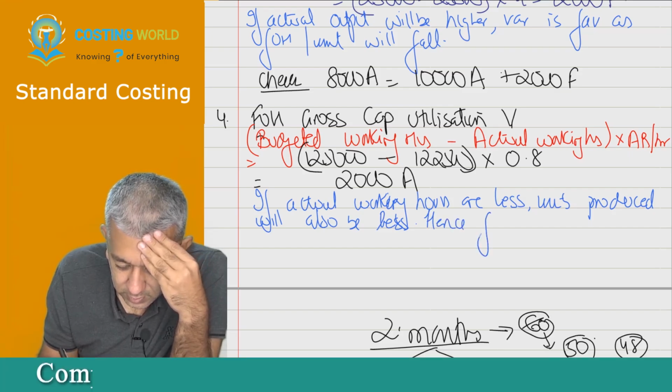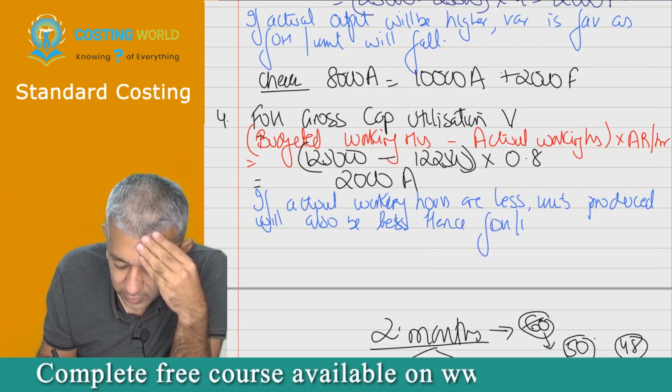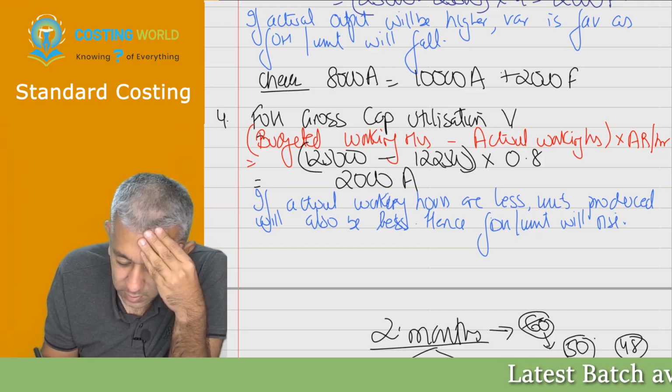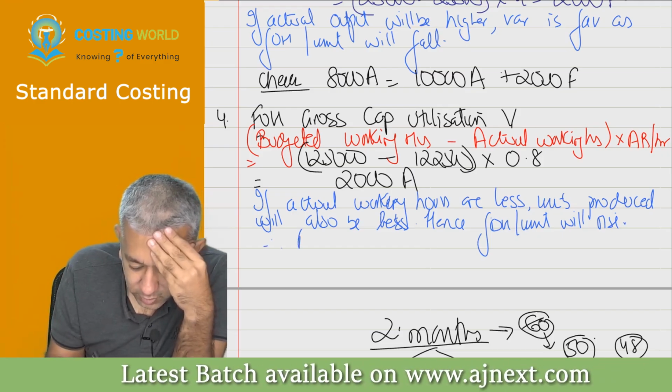Hence, fixed overheads per unit will rise, therefore adverse.